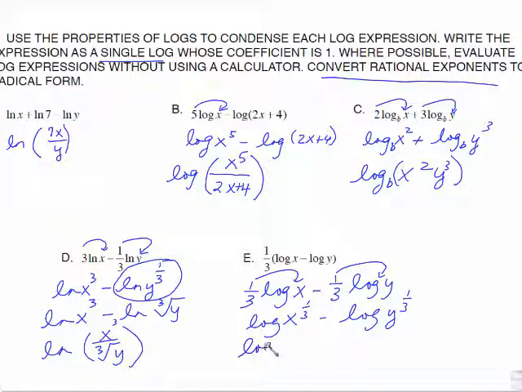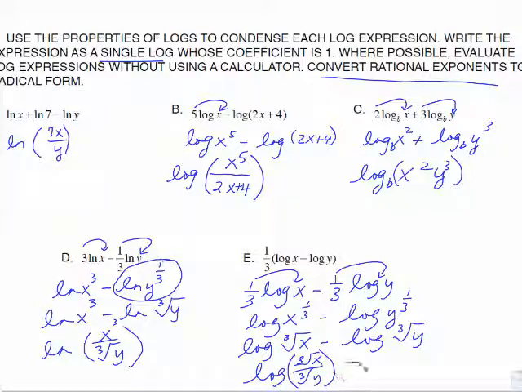So this is log of the cube root of x minus log of the cube root of y. Write log one time. There's a minus in between, so we divide. So this is the cube root of x over the cube root of y, which algebraically can be simplified into log of the cube root of the fraction x over y.